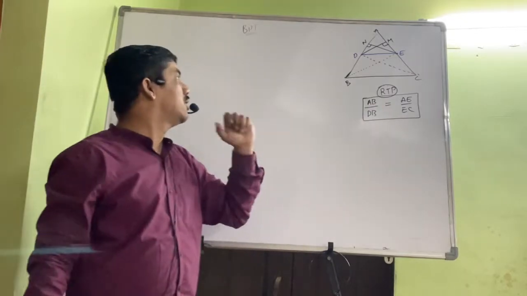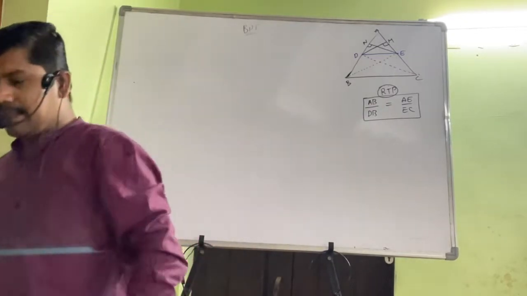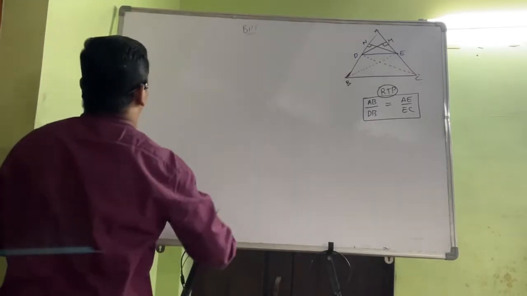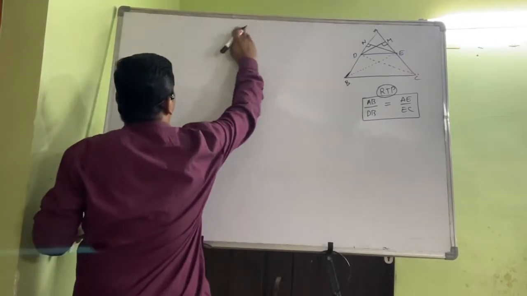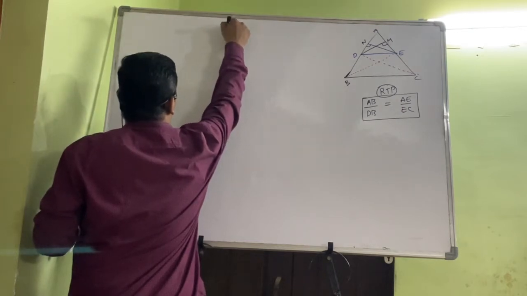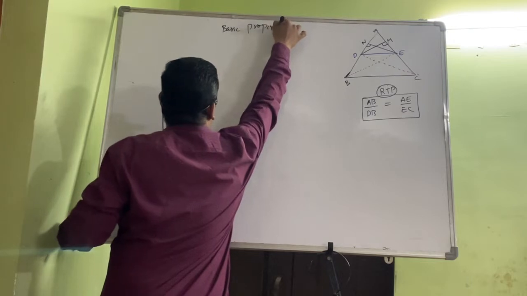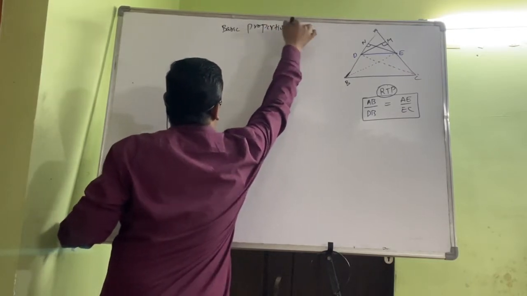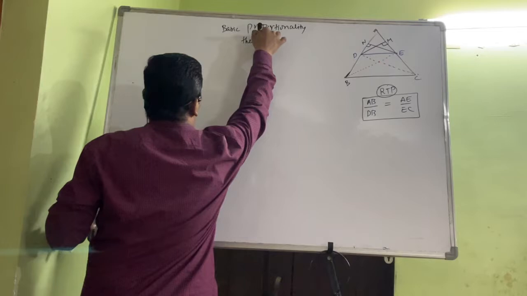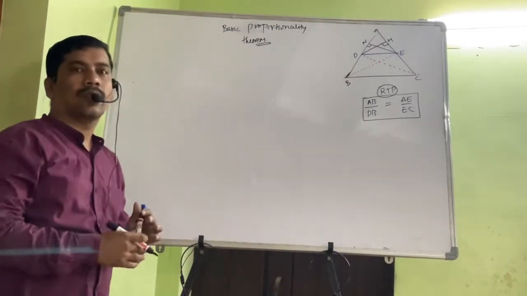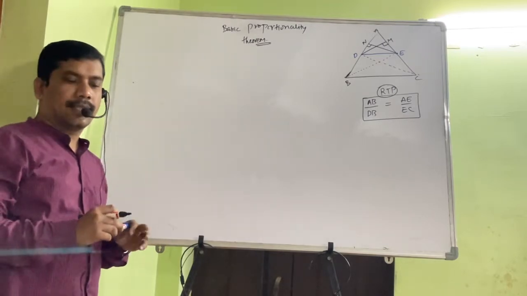AD by DB is equal to AE by EC. Observe for a while, everyone. Don't write anything, just observe.